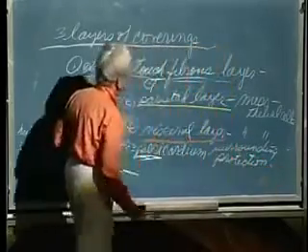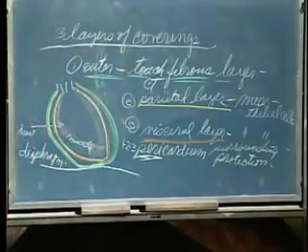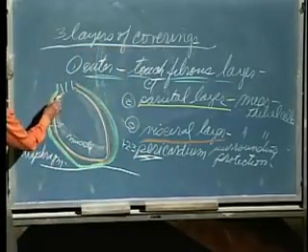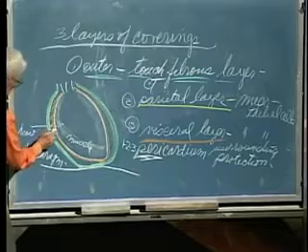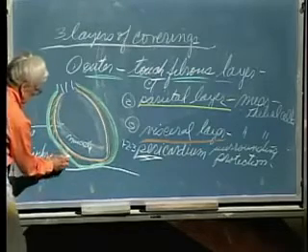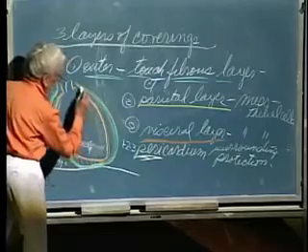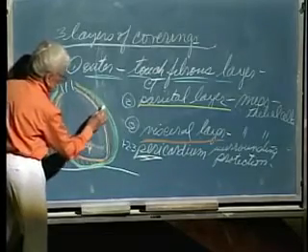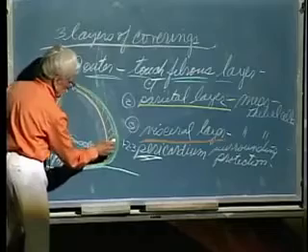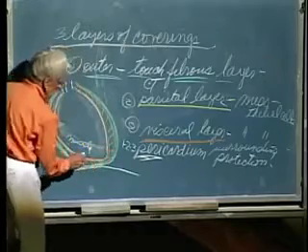And we have between the parietal layer and the visceral layer, what do we call the area between the parietal layer and visceral layer? Pericardial cavity.